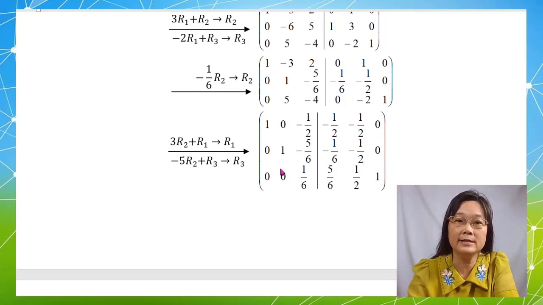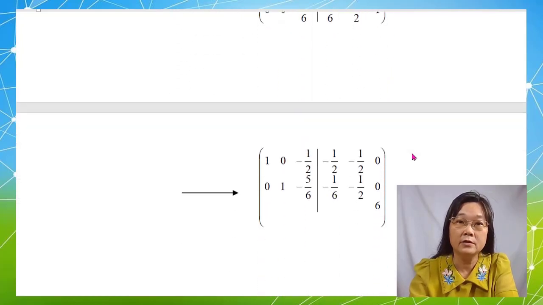Now after finish step 6, we need to go to step number 7. Now step number 7, we need to change this element into 1. When change this element into 1, we can multiply the row 3 with positive 6. And the row 1 and row 2 remain unchanged.